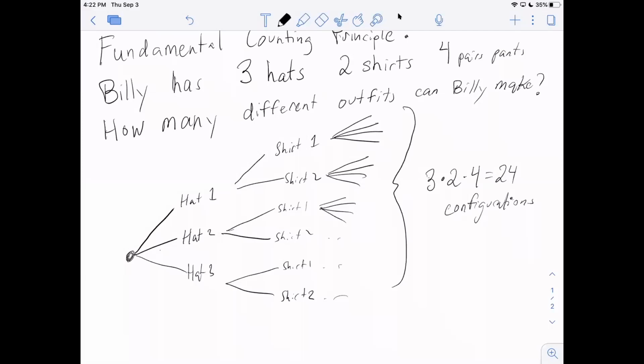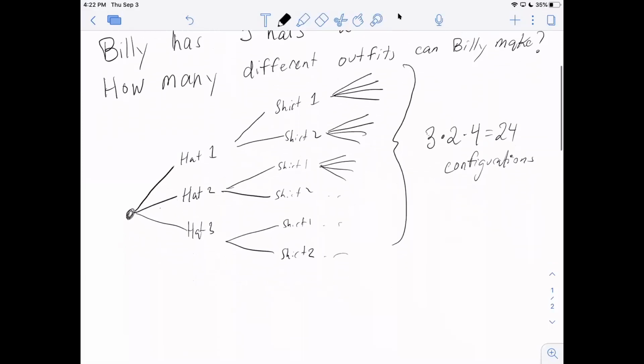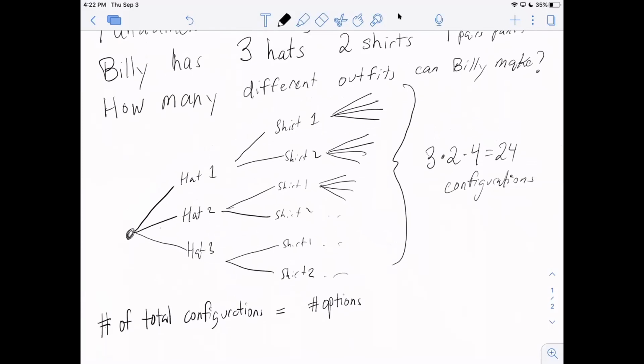All it's saying is that if you want to make a configuration where the complete configuration involves choosing several different options, the total number of configurations is equal to the number of options for each category, multiplied together.